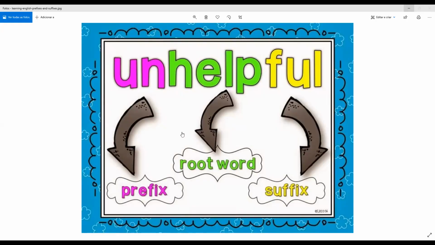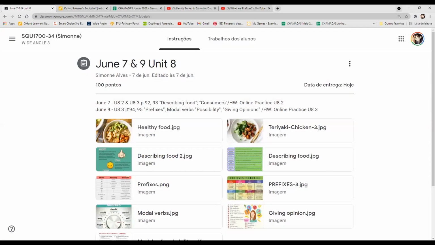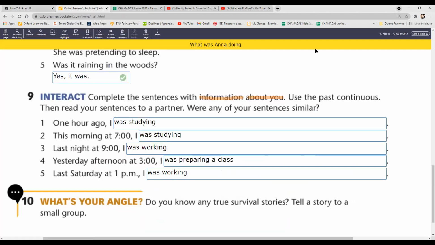Okay. Let's go back to our Google Classroom page so we can see the page numbers we need to open our books to. So if you have your books, open your books to page 94. Okay, let's take a look there. Okay, beautiful. Just a second. Let me just close this.